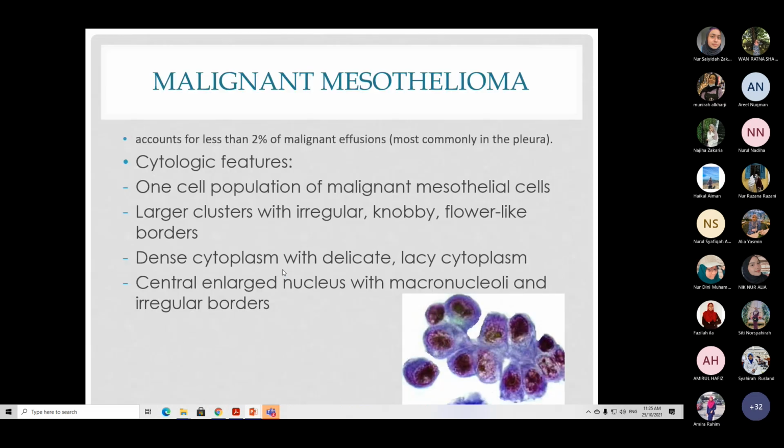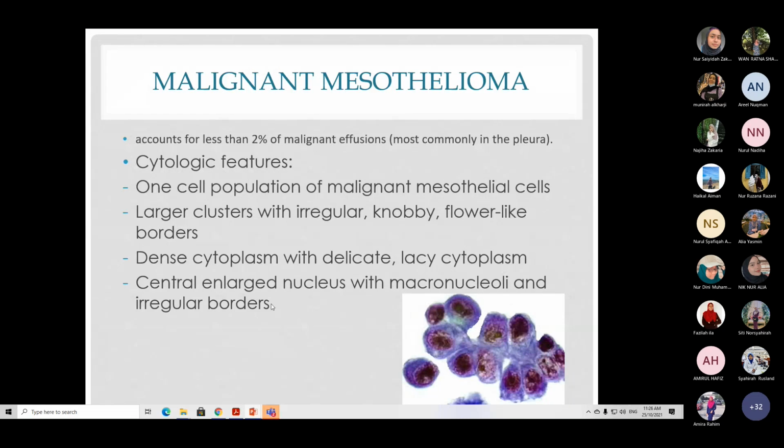Okay, so what are the cytologic features? One cell population of malignant mesothelial cells, they usually sit in one group, one cell population. Another feature is large clusters with irregular knobby, flower-like borders, irregular borders.